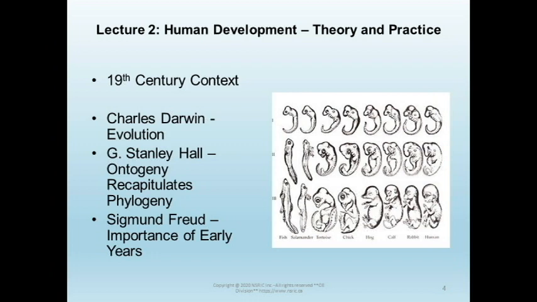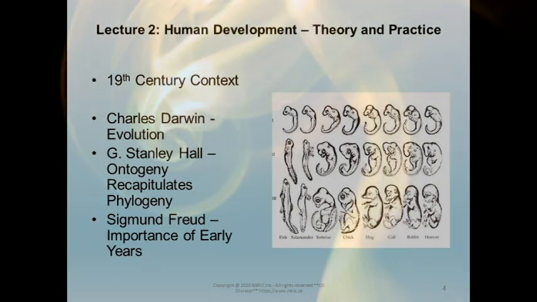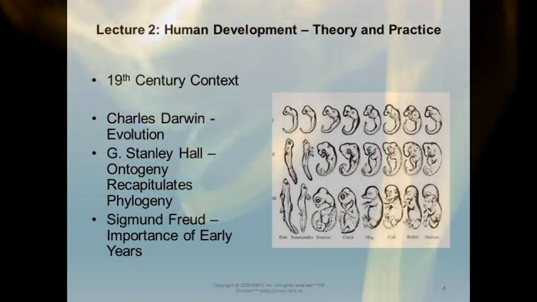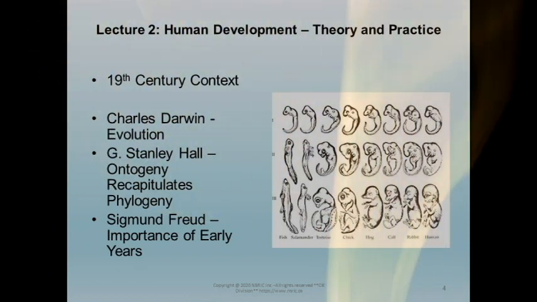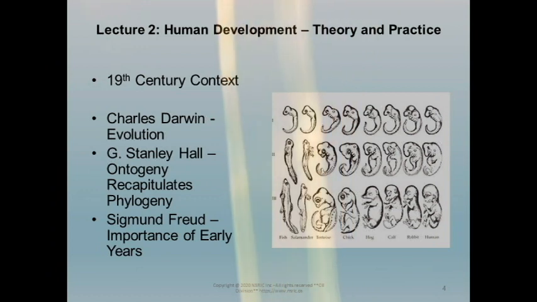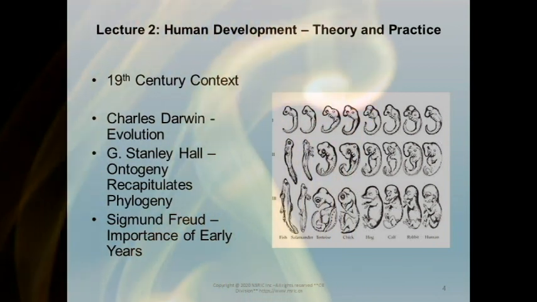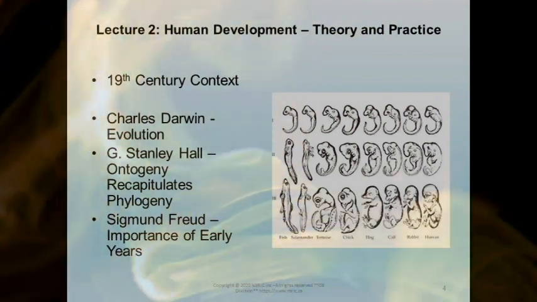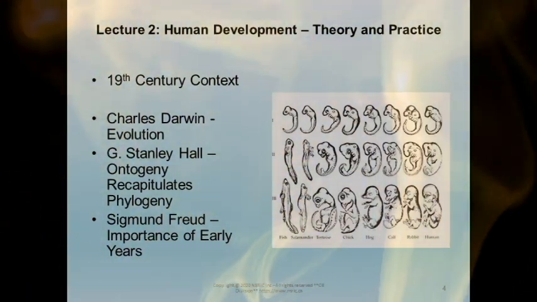And another significant contribution to the study of human development during this period was Sigmund Freud's psychoanalytic theory. Freud's groundbreaking work in the late 19th and early 20th century, including The Interpretation of Dreams that was published in 1899, delved into the unconscious mind and the impact of early experiences on personality development.